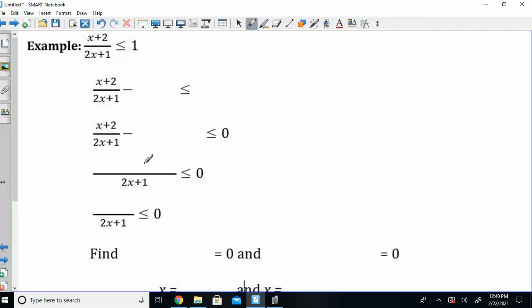I have to start by getting the 0 on the right. Subtract our 1. Okay, this is like a 1 over 1. What do you have to add or subtract? Common denominator. Yes. So we are going to multiply top and bottom by 2x plus 1.